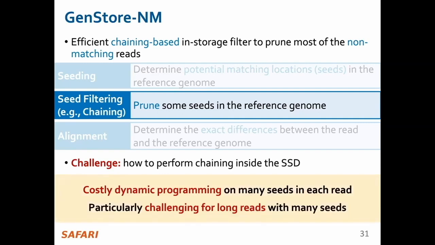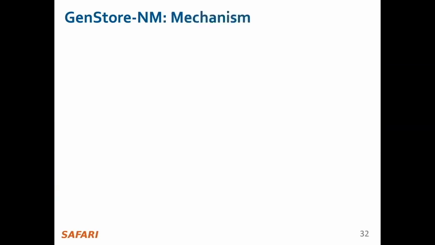So if we want to perform this for a long read at high throughput, so that we can also leverage the full internal bandwidth and full throughput of the SSD, we would need to trade off large area by increasing the parallelism of this accelerator, the chaining filter. And that would incur high area size for logic and the buffer space that we would need. So that would be inefficient for long reads that can have an extremely large number of seeds.